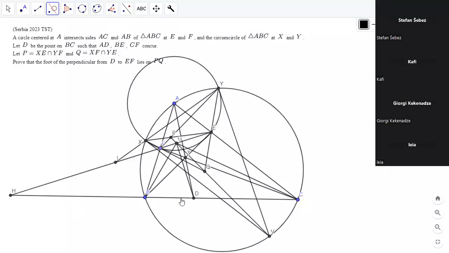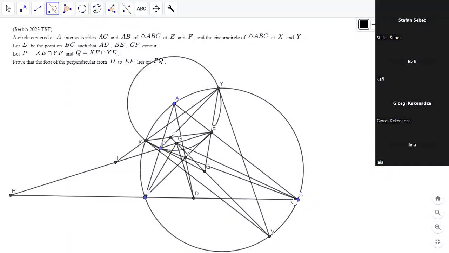We know HBDC is minus 1. Oh, so you know what? We know that FG over GE is BD over DC. And we know that this cross ratio is minus 1. So if we want to show that this cross ratio is minus 1, that's the same as showing that IF over FE is HB over BC. Right?